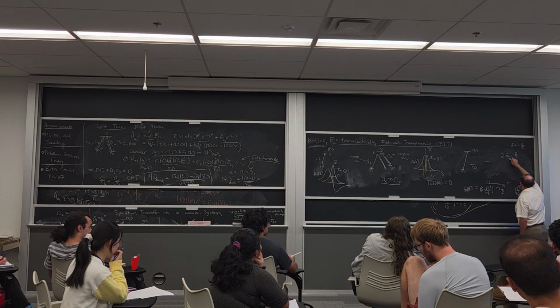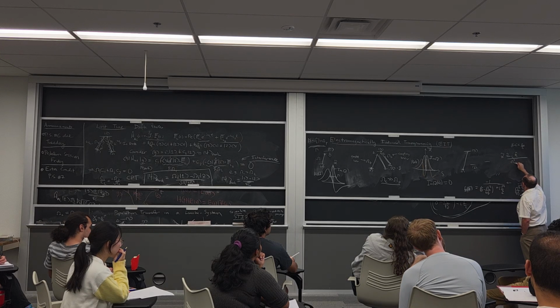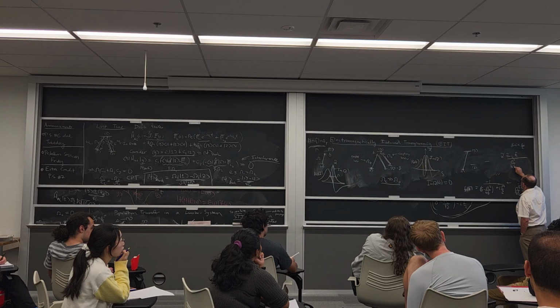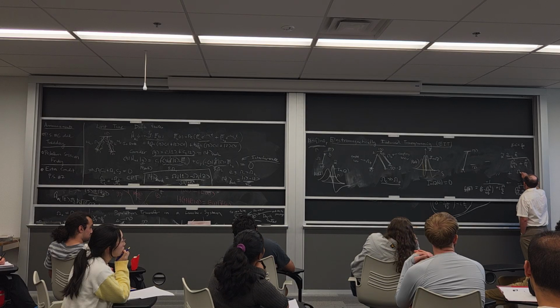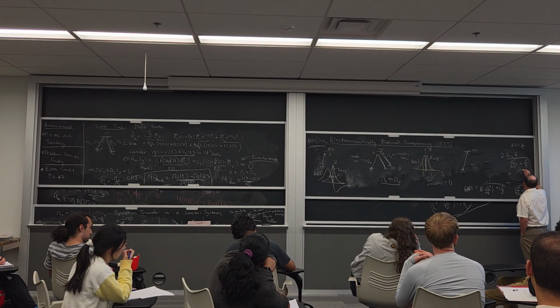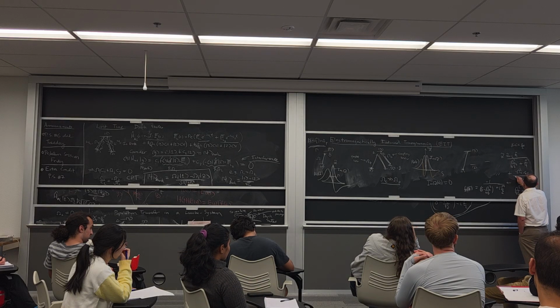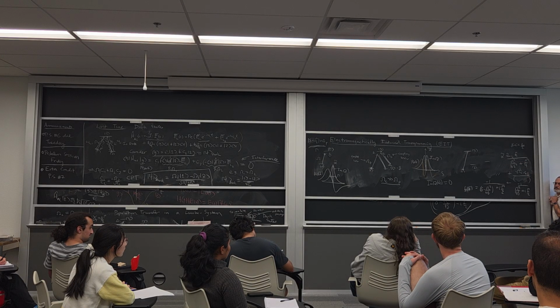gamma over 2 divided by, and the real part is over the same denominator. So what is this in the limit that delta goes to 0?